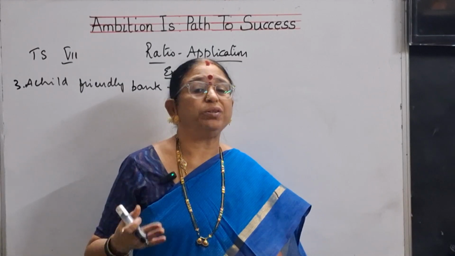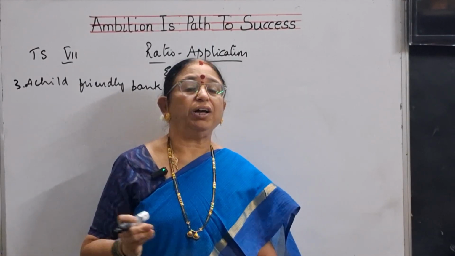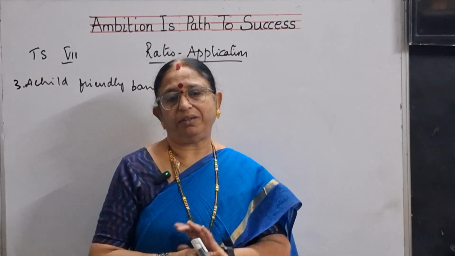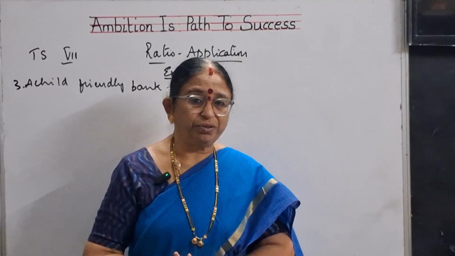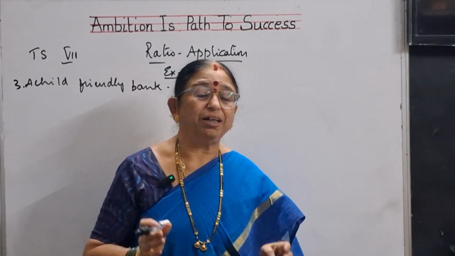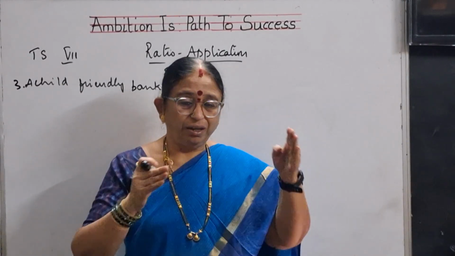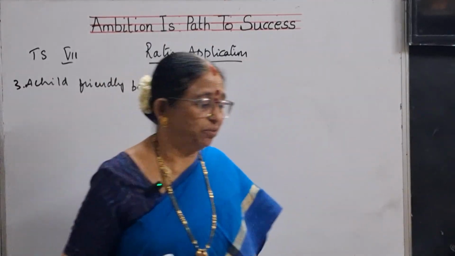If it is more than 10,000, they are giving 6% rate. If the amount is less than 10,000, they are giving 5% rate. Now a child for 1 year has deposited a total of 9,000. The question is what is the interest he gets? Though the problem is very lengthy, if you understand, it is very easy, children.